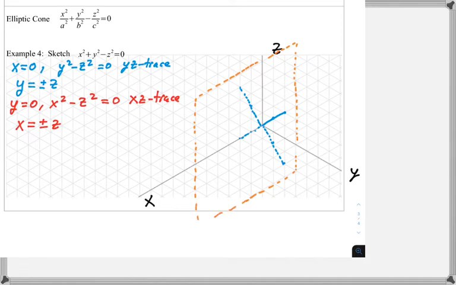It'll certainly go through the origin where all three of the coordinate planes meet. When z is 1, x would be positive 1 and negative 1. So I've plotted 1, 0, 1 and 2, 0, 2.